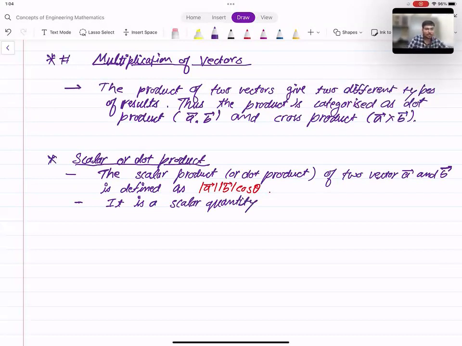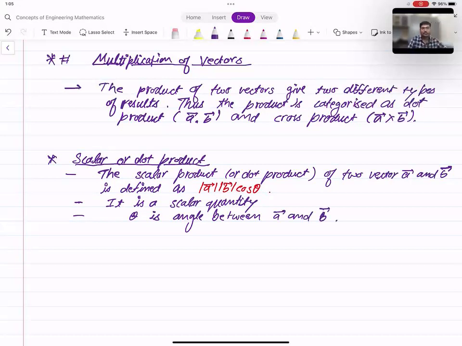Here theta is the angle between vector A and vector B.